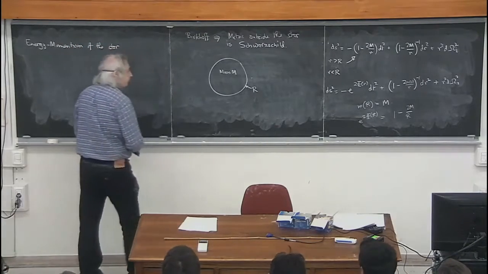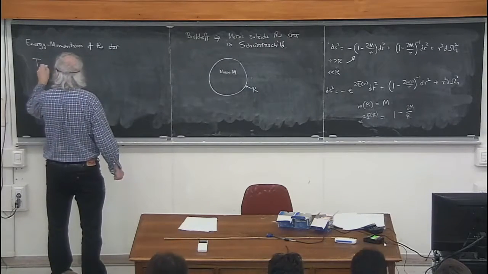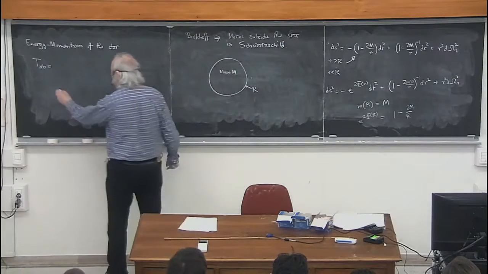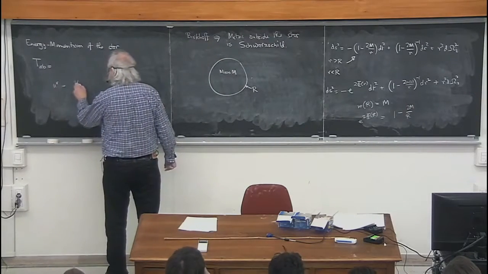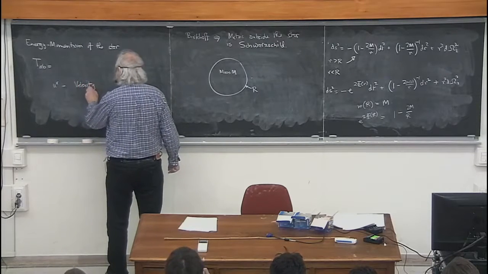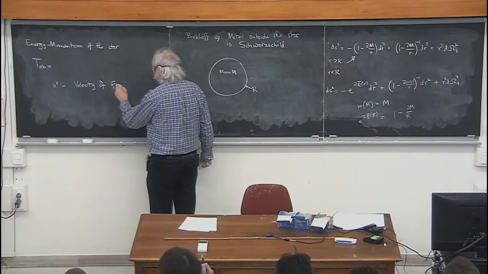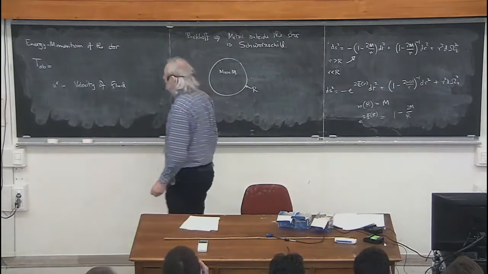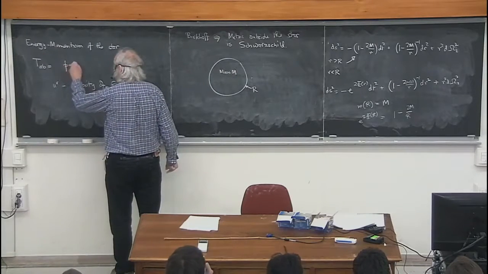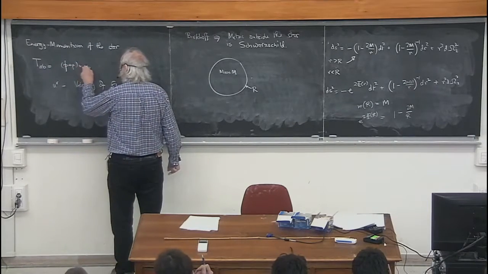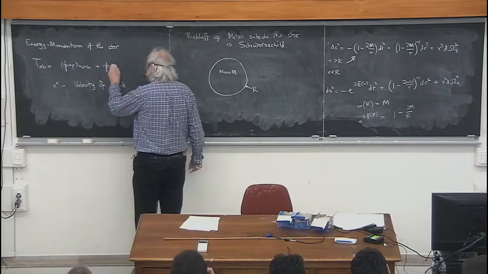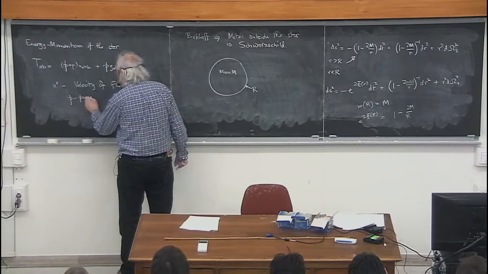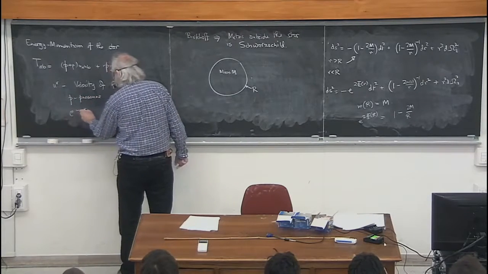The energy momentum tensor, T^AB, we can take it to be that of a fluid with four-velocity U^A. And then you'll discover that the remaining components of the energy momentum tensor are (P plus rho) U^A U^B plus P times g^AB, where P is the pressure in the fluid and rho is the energy density.